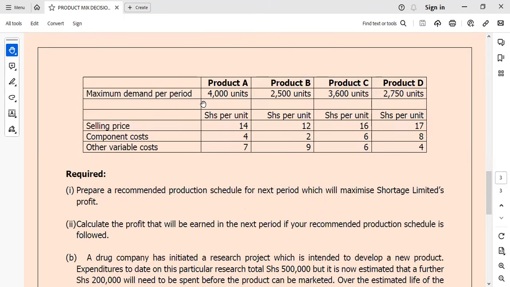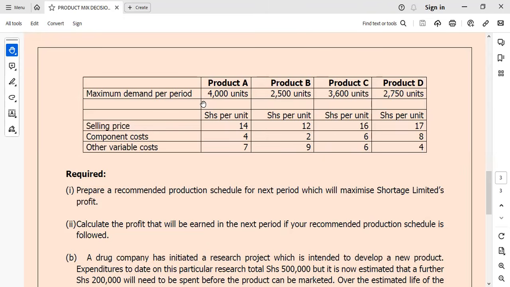So we have product A, product B, C, and D. You have the maximum demand for each product: 4,000 units, 2,500 units, 3,600, and then 2,750. Then you have the selling price per unit. You have the component costs, as well as the other variable costs.